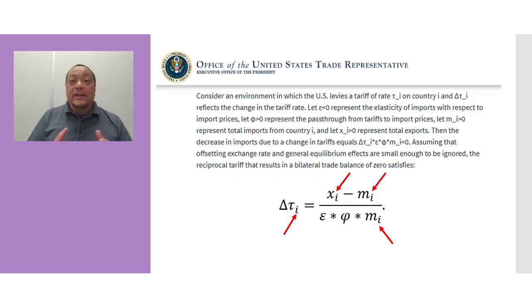These four quantities that have subscripts, that means they have their own values for each country. This delta tau with subscript i would be how much tariff would charge for that country. For China, it's a different delta tau. For Pakistan, it's a different delta tau. For the European Union, it's a different delta tau. You can think of the subscript i as the name of the country.